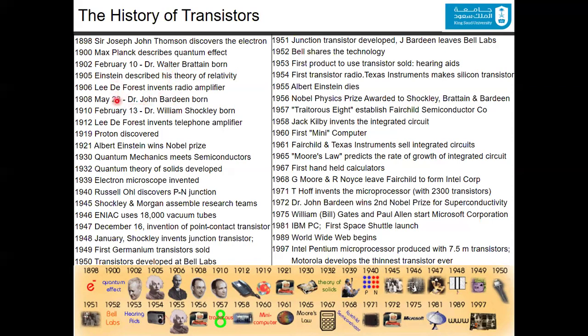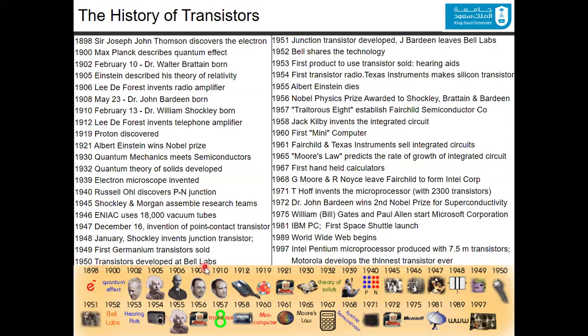If you read below, you can see that on December 16, we have the invention of the point contact transistor, which is the first transistor. That was, as I said, in 1947. And they built up on that. In 1950, transistors started to be developed at Bell Labs.